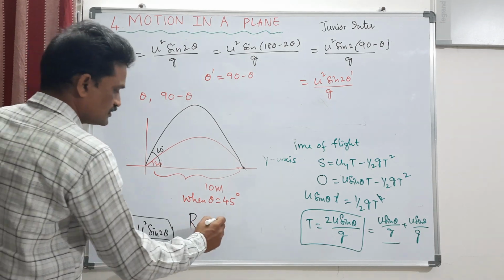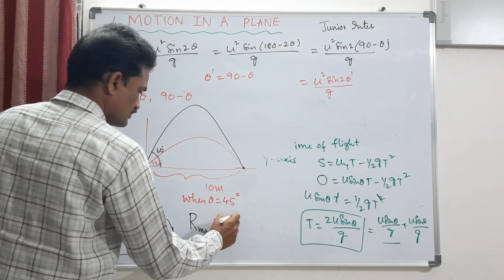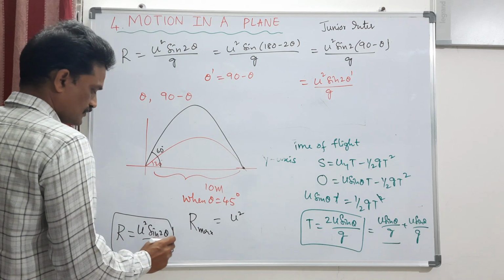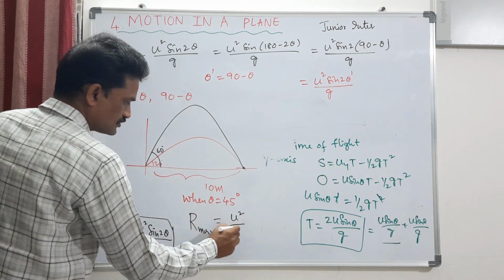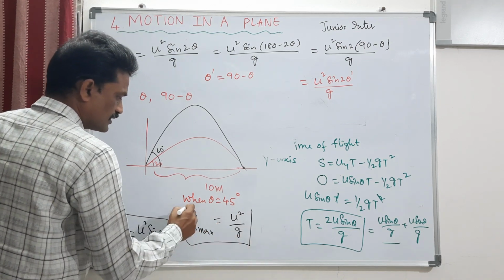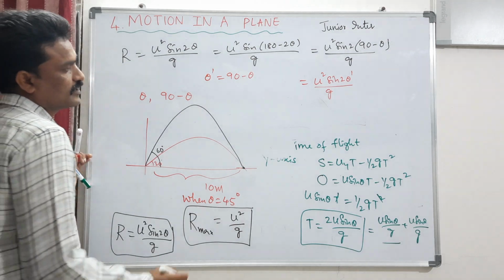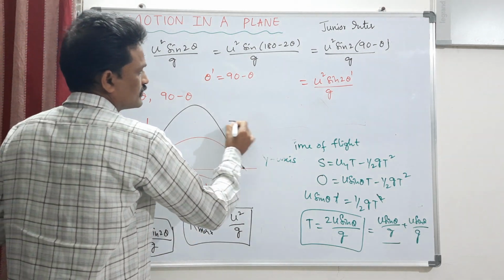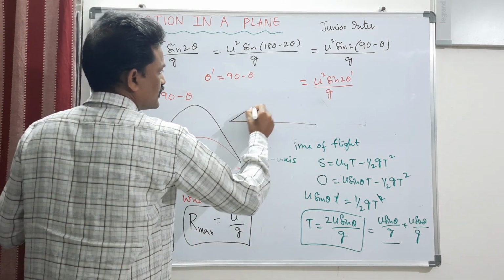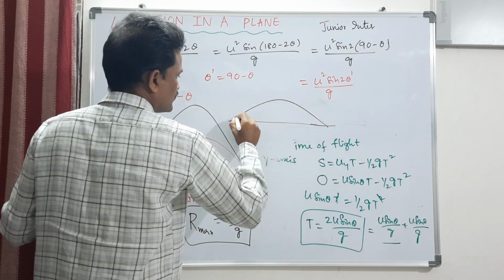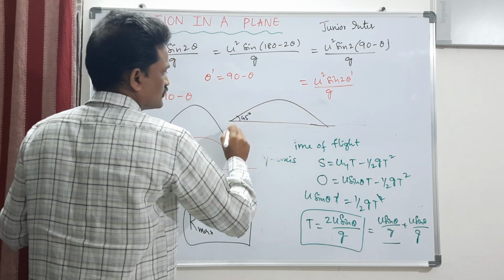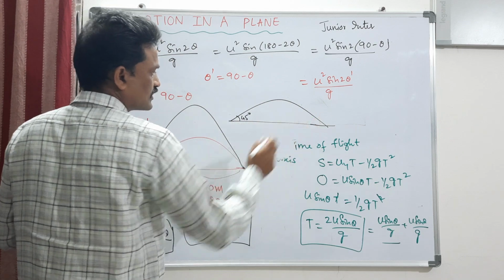The maximum range is given by u square, this is sine 90, u square by g. So that is the reason why a frog, while it is jumping, it jumps making an angle of 45 degrees. It knows so that it can jump for a longer distance.